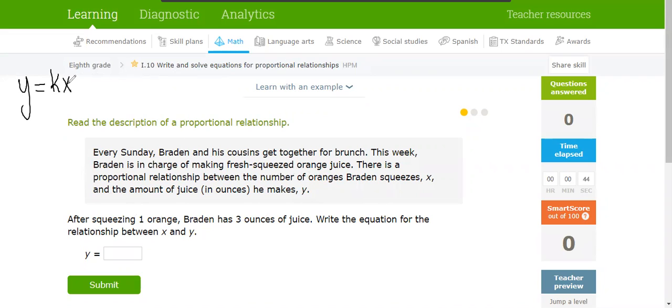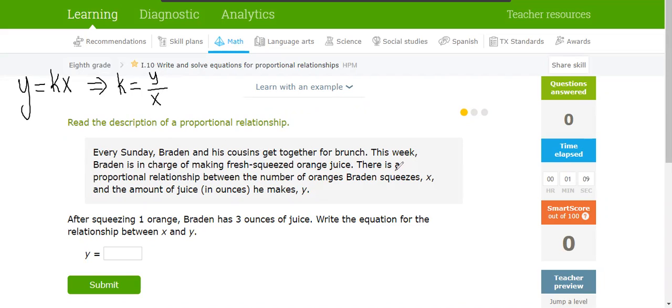We are going to try to find what x represents, what y represents. After that, we will find the constant of proportionality. So you can see clearly that k is equal to y divided by x.